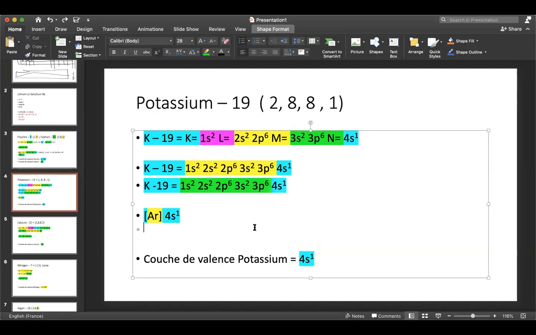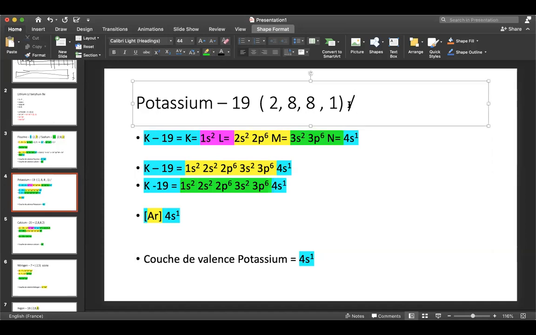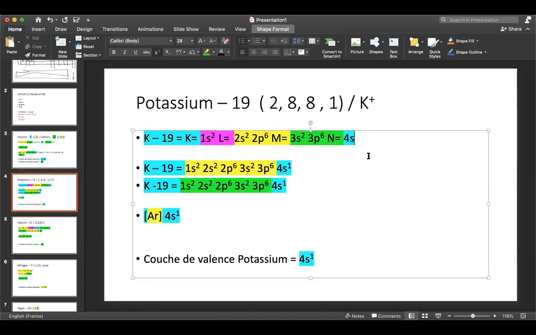Then maybe another thing I told these guys to remind me of was, what if potassium forms an ion? How are we going to represent this configuration? It's very simple. What happens to potassium when it loses an electron? When it loses an electron, you just forget about this. When potassium loses an electron, it loses this one.